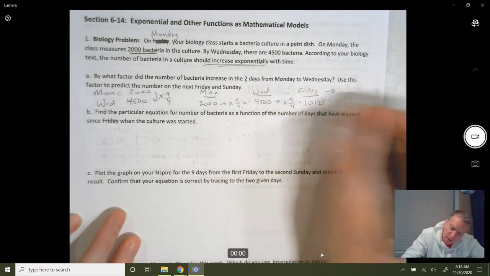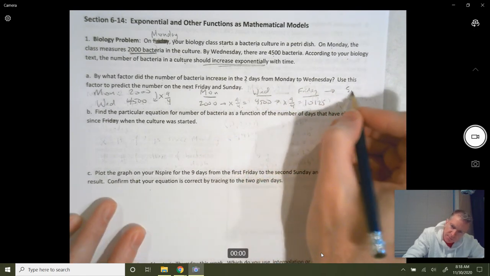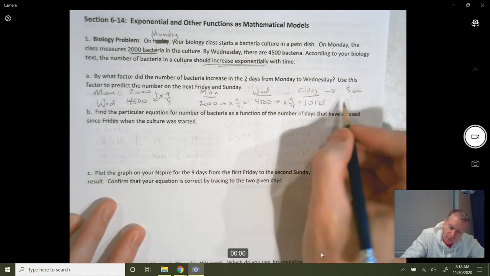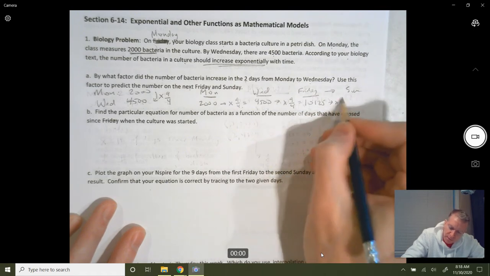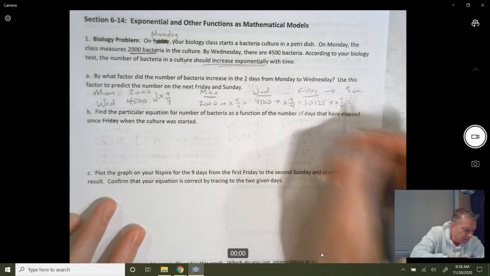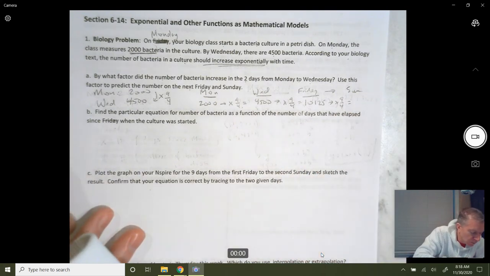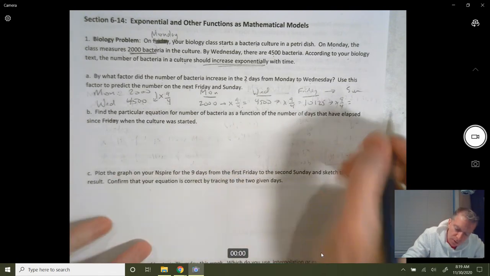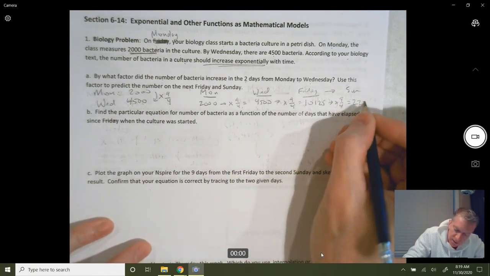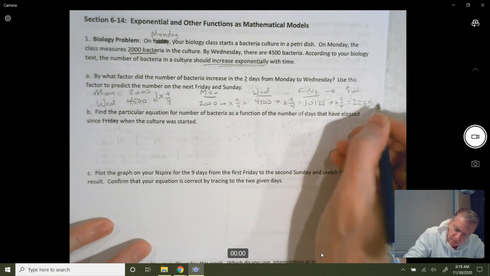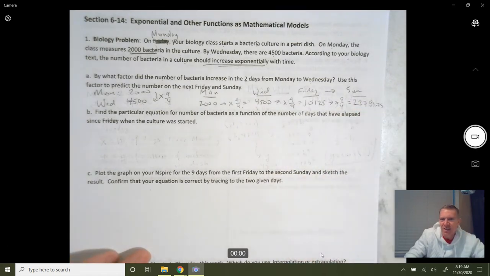Two days later, by Sunday, multiply by 9/4 again. 10,125 times 9/4, and you get 22,781.25. So that was just kind of neat to see.